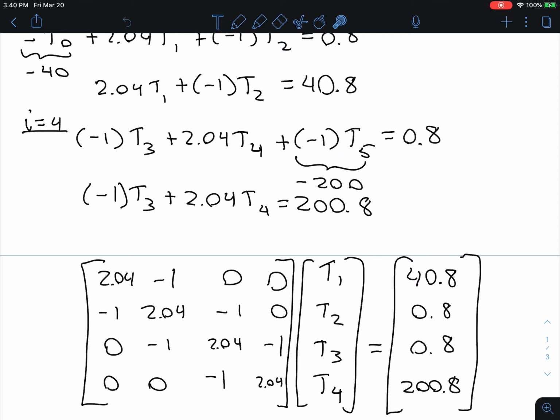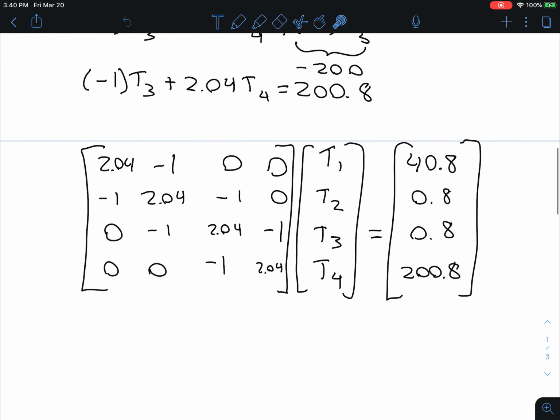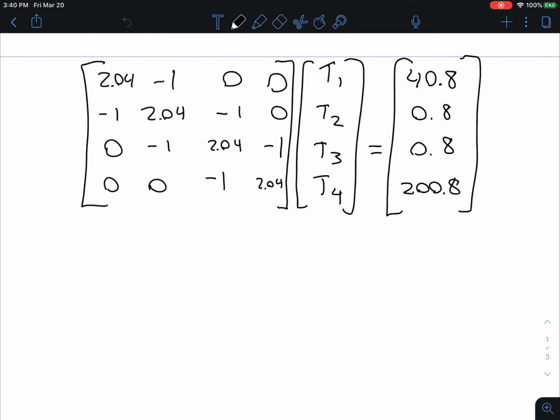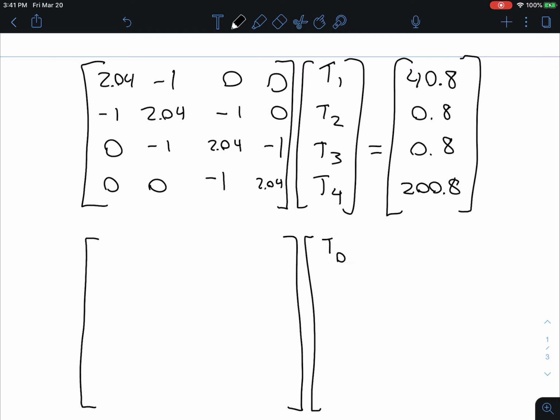And at i equals 4, we had to take T5, which is 200, and move the 200 to the other side. So there's another way to look at this, and that is that we actually pretend to not know T0 and T5. So I am going to write a bigger matrix problem, with unknowns T0, T1, T2, T3, T4, and T5.